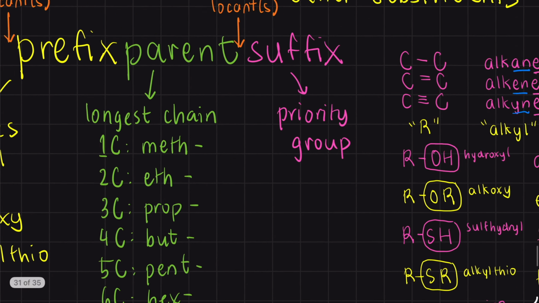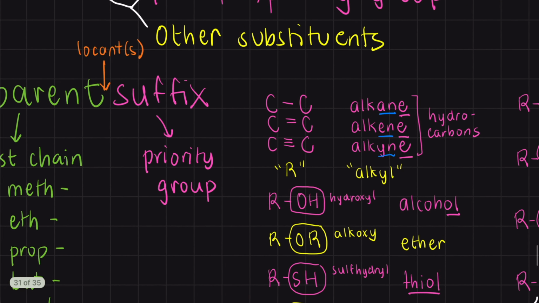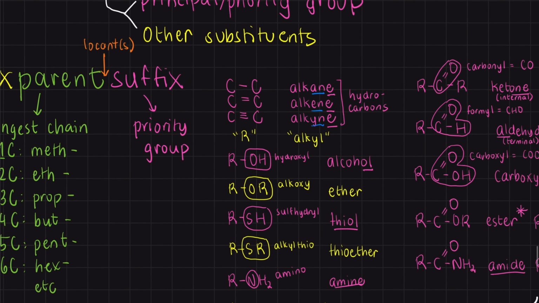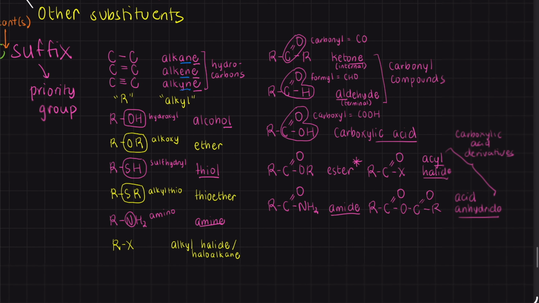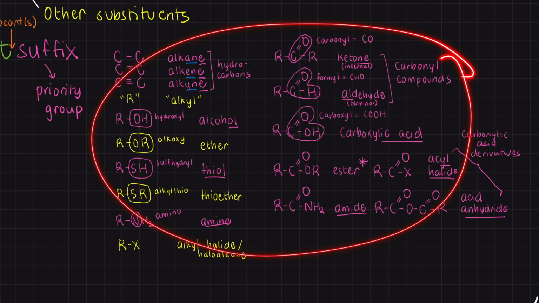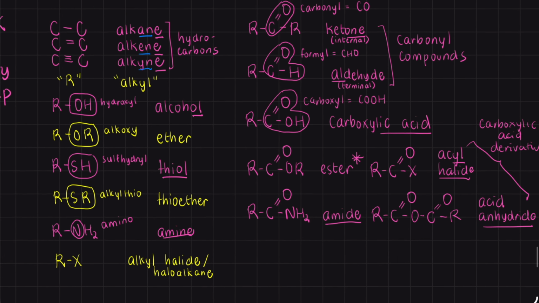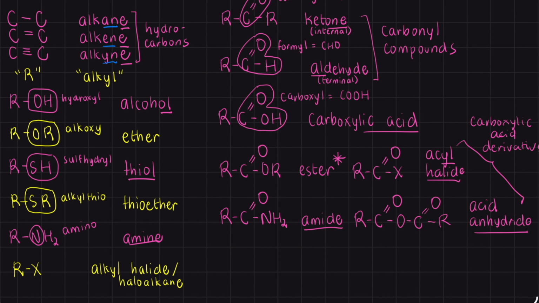For now, let me go to the priority groups at the suffix, which, if you've watched my previous videos on functional groups, most of them belong at the suffix. In particular, I have underlined the real suffixes which we will practice along the way in other recordings, such as ol for alcohol, thiol for thiols, one for ketones, ic acid for carboxylic acids, al for aldehydes, and so on.